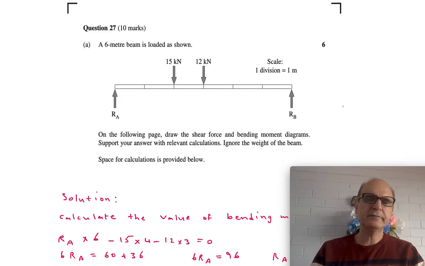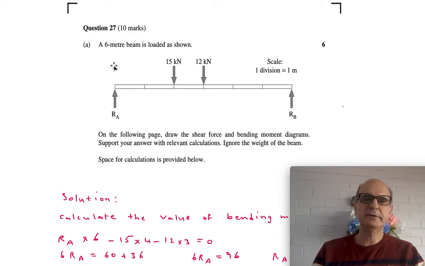The first step for us is to find the value of RA. To do that, we can take the bending moment around RB. That will be RA times 6, because RA is 6 meters away from this point.